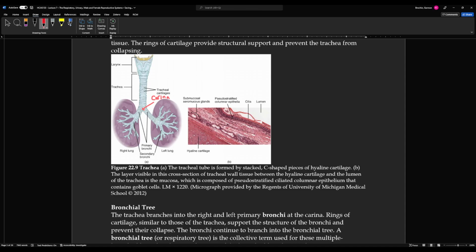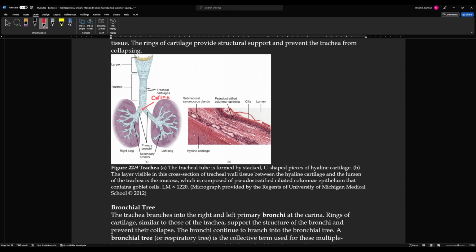The right lung actually has 3 different lobes, an upper, middle, and lower, whereas the left lung only has an upper and lower lobe. So the right lung will have 3 secondary bronchi, and the left only has 2. And from that point, they keep dividing.